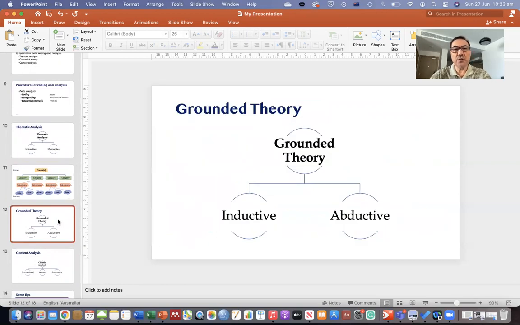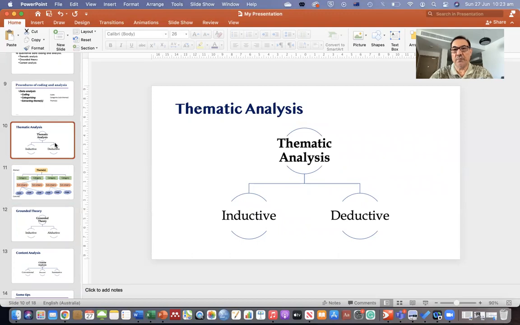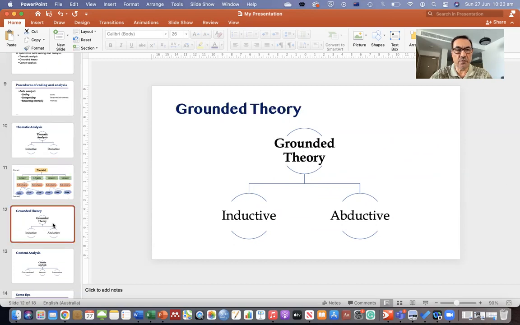The next approach is called grounded theory. By the way, I should say that some names are related, and you can find them in the literature talking about these approaches. In thematic analysis, Braun and Clarke, and also Clarke and Braun, because they have different publications, very nicely explain thematic analysis, and I have put these in the references that later on you can refer to.